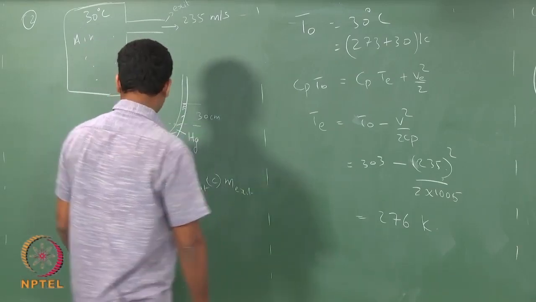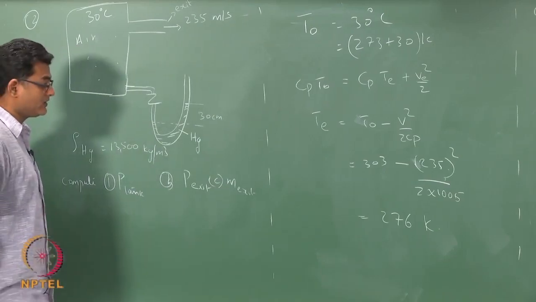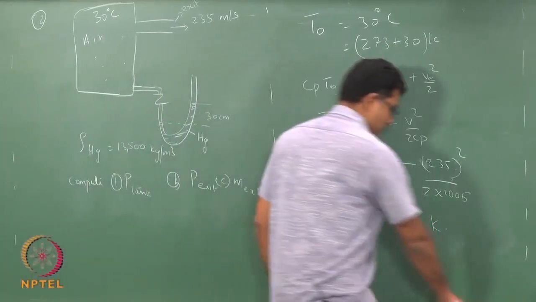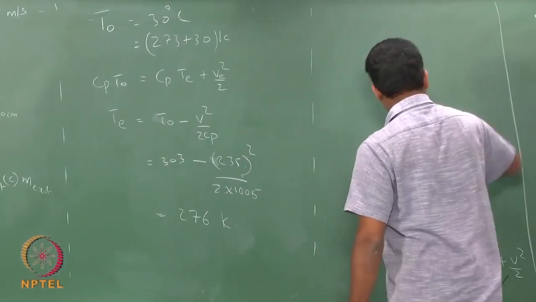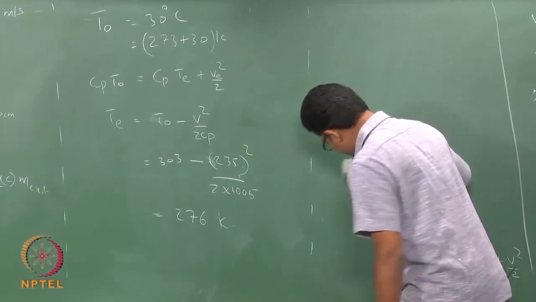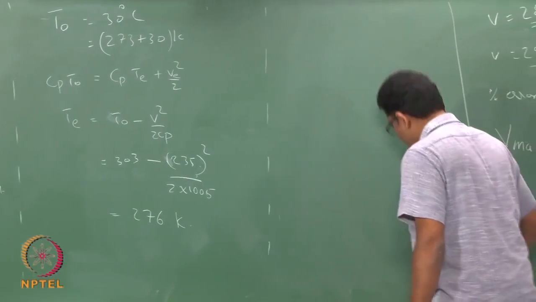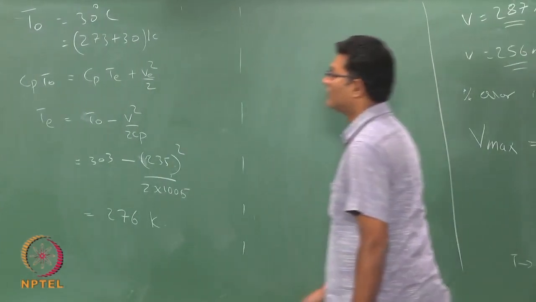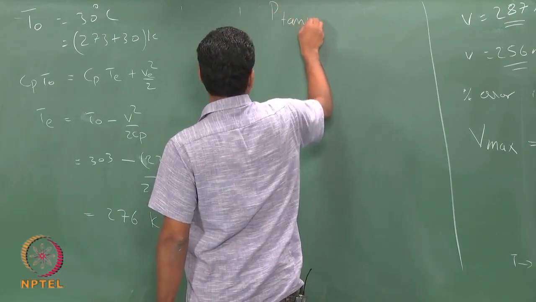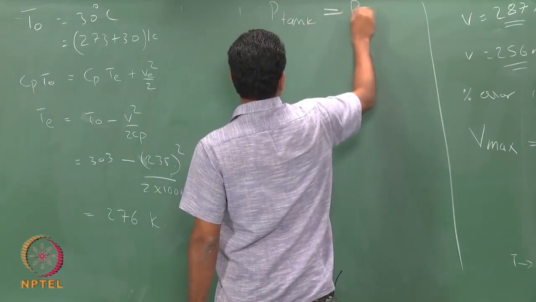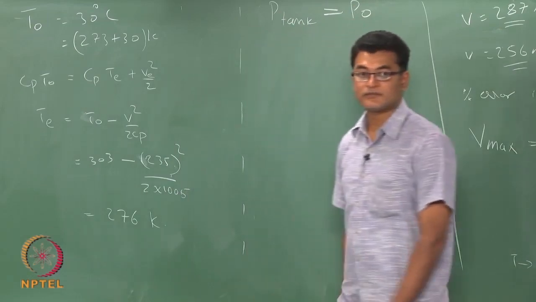Okay. But the question is to find P tank. What is P tank? So, again your P tank is nothing but your stagnation pressure.